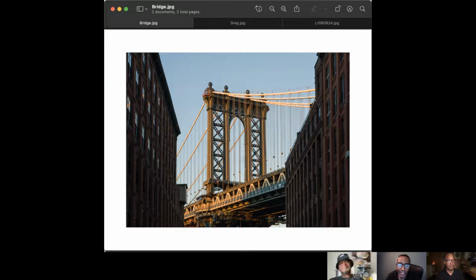And they literally help delineate the bridge, and they help separate the bridge from the sky and from the two buildings. And so as much as we feel that we are looking at a bridge, we're also looking at the highlights, the negative space that's created by where the sun is hitting the bridge.